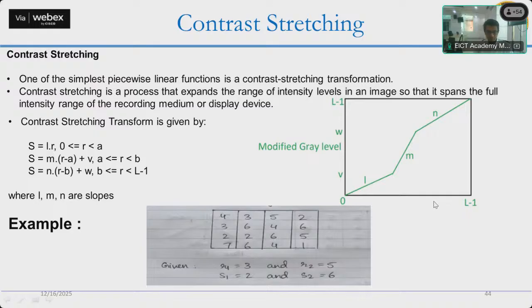In the first region, between 0 and A, S equals L times R. In the region between A and B, it is S equals M(R minus A) plus B. This is again a linear line.